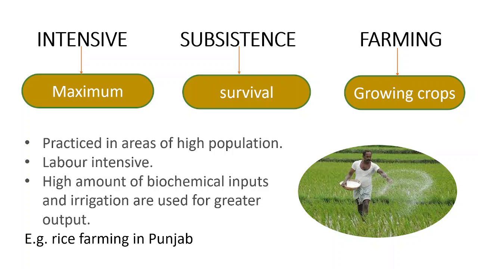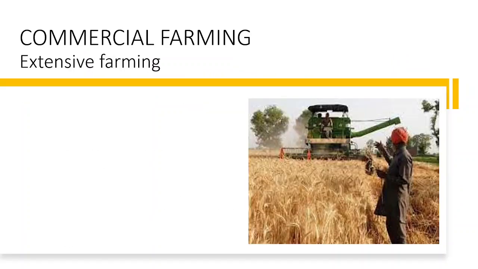That means a lot of manpower or human power is used here. There is a high amount of biochemical inputs and there's usage of agriculture irrigation for greater output, like insecticides, pesticides, etc. are used on a large scale so that the yield is higher. An example of this type of farming is rice farming in Punjab.